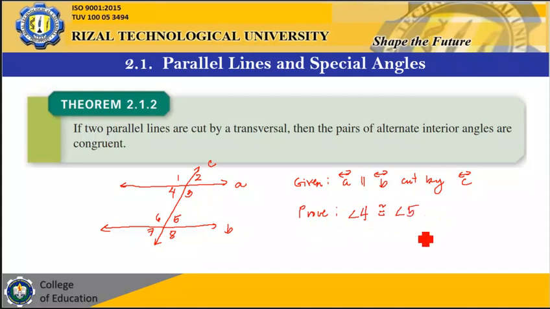And we know that angle 4 and angle 5 are alternate interior angles, as well as angle 3 and angle 6. But in this video, we'll just show that angle 4 is congruent to angle 5, since angle 3 and angle 6 are also alternate interior angles.